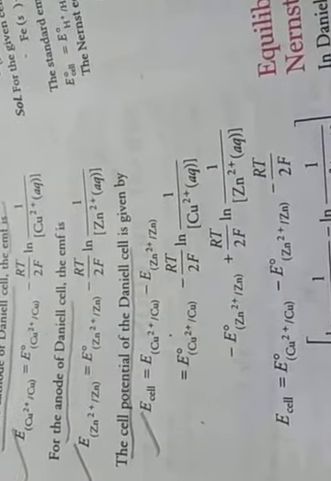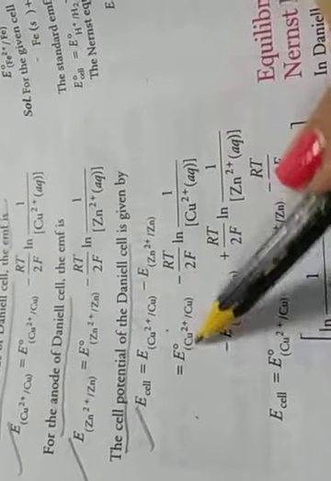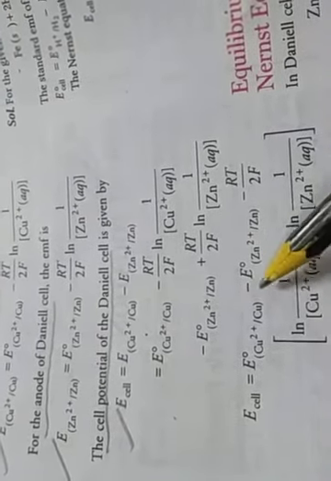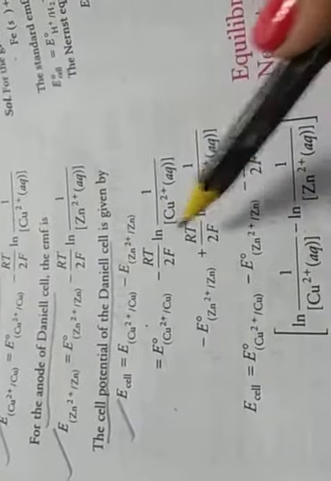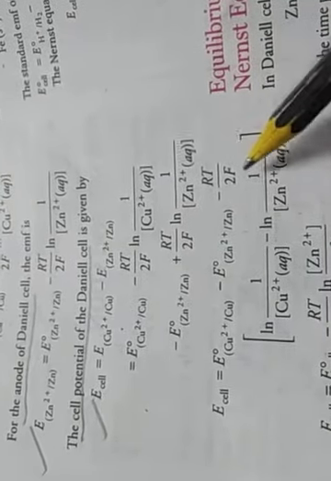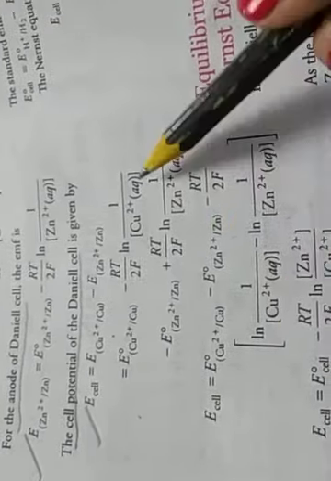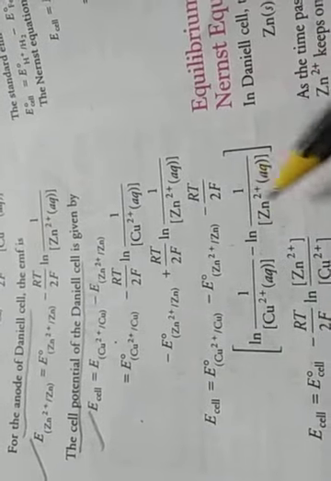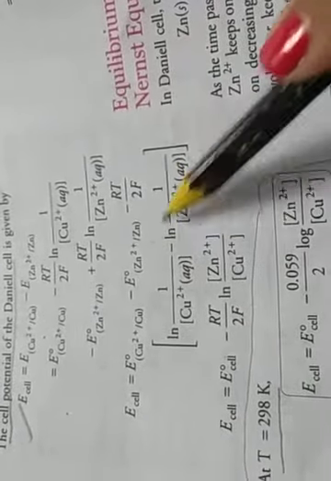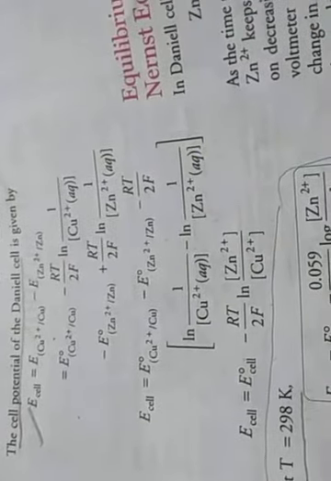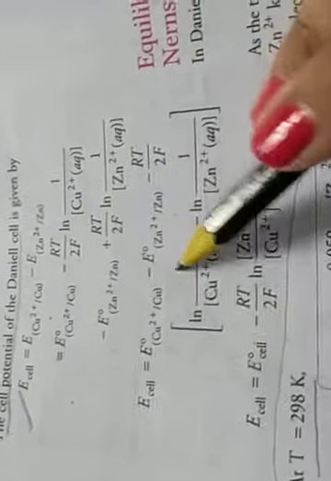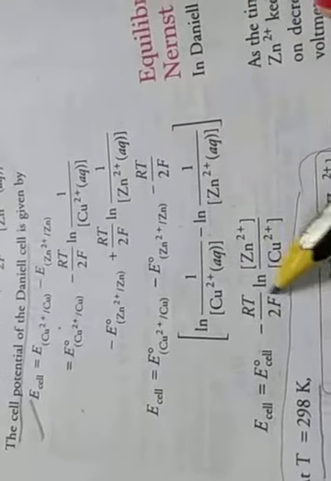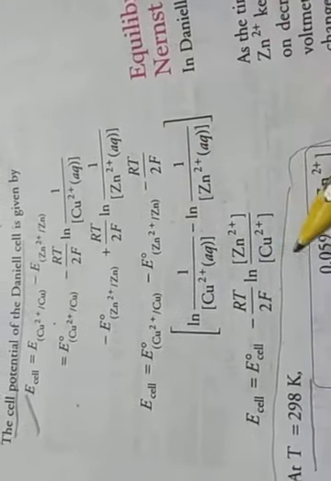So the E naught of copper minus E naught of zinc, and RT upon 2F is common, so minus RT upon 2F in brackets, ln 1 upon Cu2+ minus ln 1 upon Zn2+, which in ln divide form gives E naught cell minus RT upon 2F ln Zn2+ divided by Cu2+.